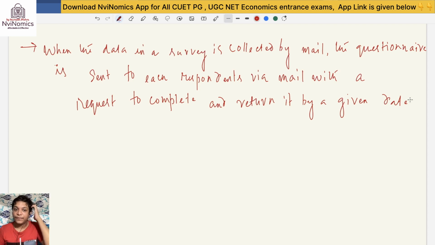So when the data in the survey is collected, it is collected by mail.